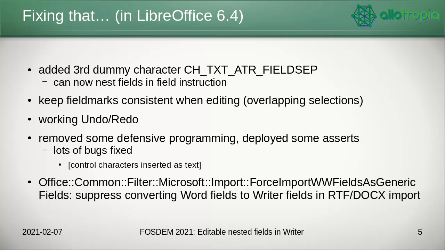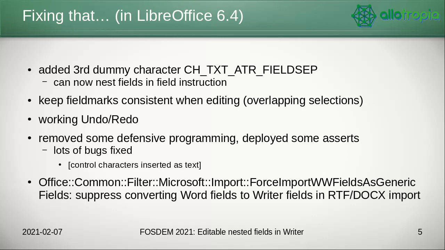So we added lots of assertions to check when invariants are violated, and with the unit tests already, and then again with the automated crash tests, we found lots of documents where crashes happened, and we fixed them.